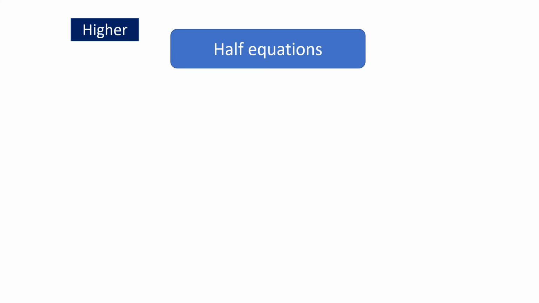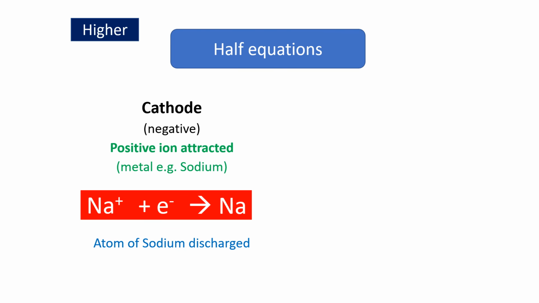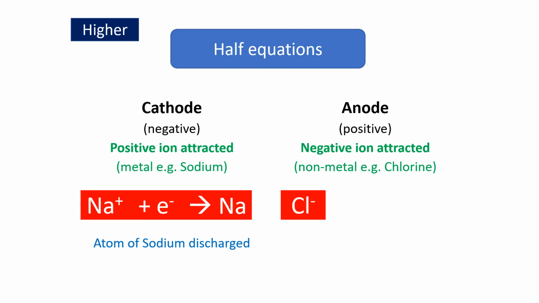Let me bring up a slightly different way of looking at the half equations. Here I've got sodium, and I'm going to add a negative electron to become a sodium atom, and I've got 1 sodium atom discharged. In this example, I have chlorine.